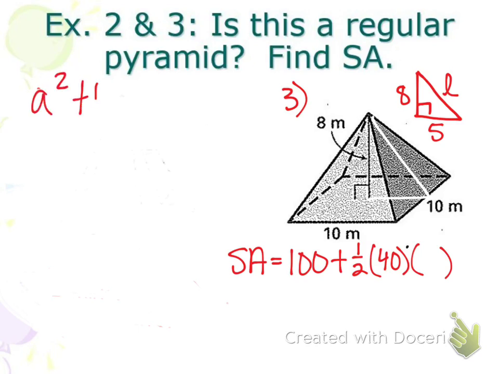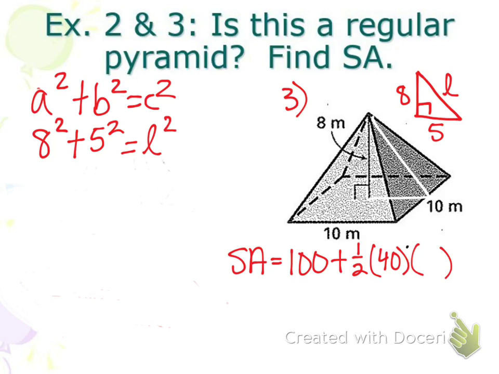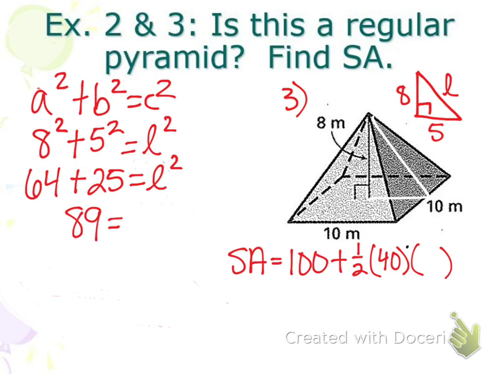Pythagorean theorem. What's going in for A? 8. What about B? 5. C is L. 8 squared, 5 squared, 25. Add them together to get L alone. Square root it. What do we get for L? 9.4. Sounds good.